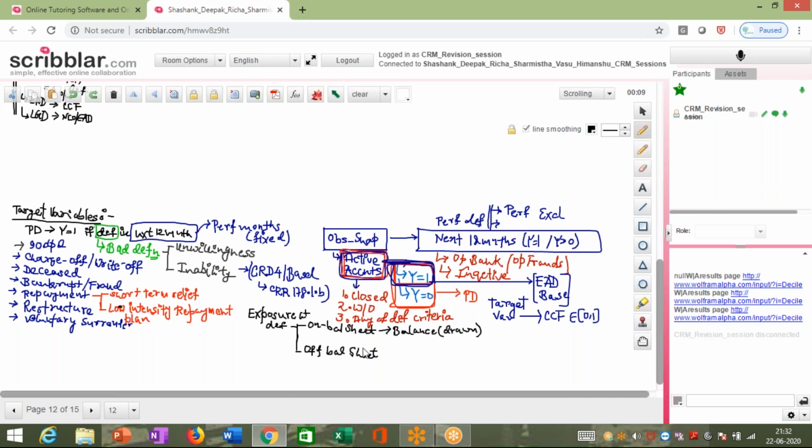Now, the off balance sheet item is the undrawn balance, or the headroom. So your headroom is your undrawn balance.